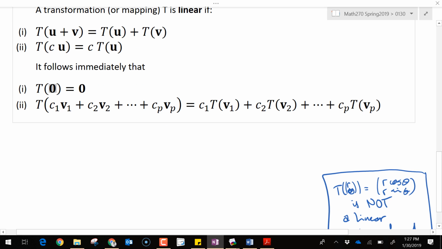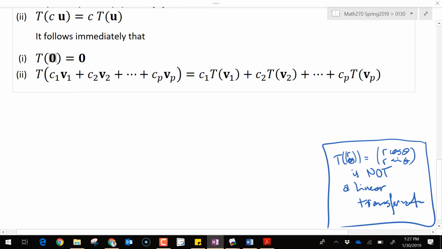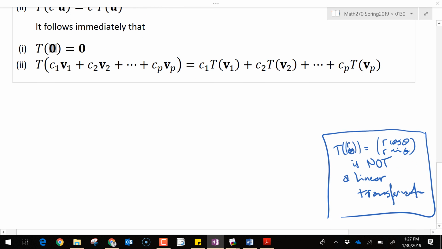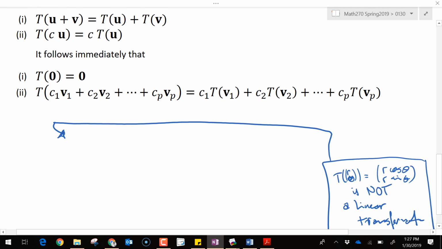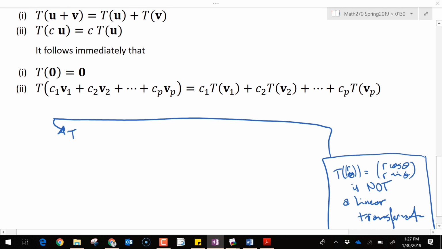So what we could do is show that this polar coordinate transformation is not a linear transformation, right? It should not work on these things. So let's give it a try. According to this, we have T of u, v.